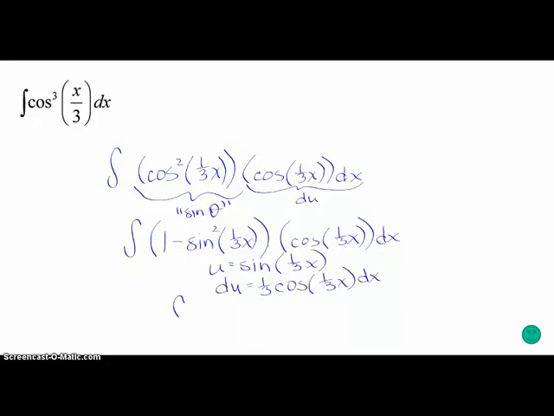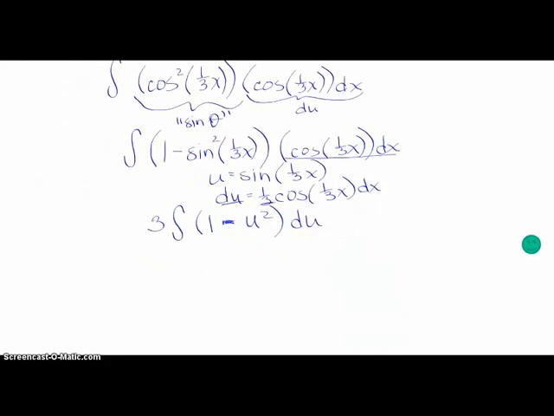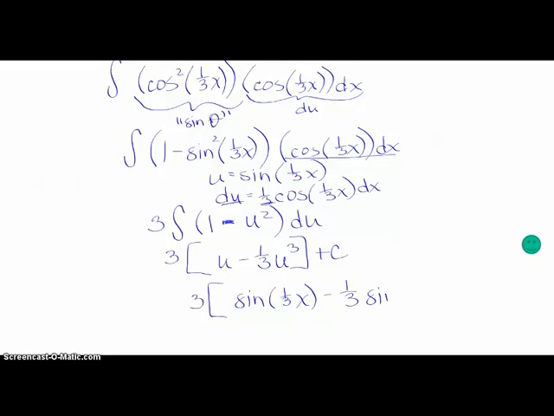So I can completely rewrite this in terms of u, that's a minus sign. So this becomes 1 minus u squared du, but du is 1/3 what I need it to be. So I'm off by a factor of 3, right? So pop my 3 out front, u minus 1/3 u cubed plus c, put things back in terms of my original variable, 1/3 sine cubed of the quantity 1/3 times x plus c.